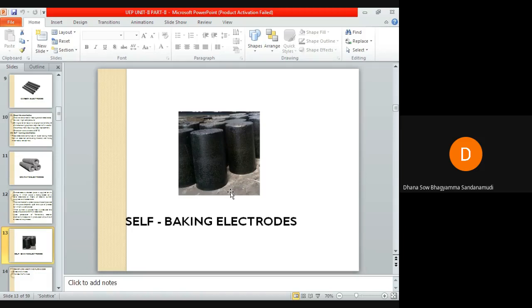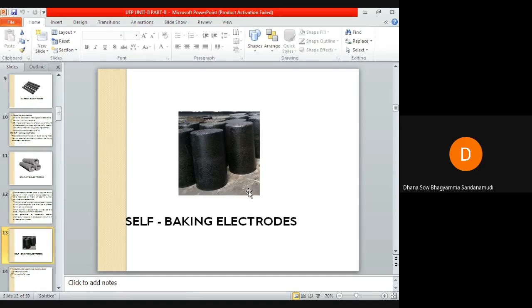So carbonaceous unbaked paste is taken, and this paste is baked to a solid electrode using electrical energy. This is the paste which is baked. They are made up of special paste.